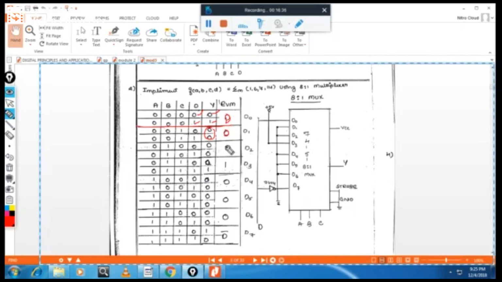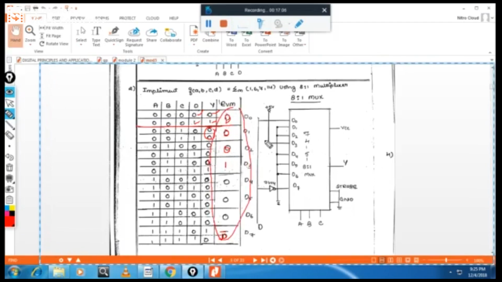Here also 0. Here when the input is 0, output is 0. When the input is 1, sorry, this is 1. When the input is 0, output is 1. Input is 1, output is 1, so I can write 1. Here you can see 0. Here 0. Here 0. Here when the input is 0, output is 1. When the input is 1, output is 0. That means inverse. So we got all the parameters of the EVM.